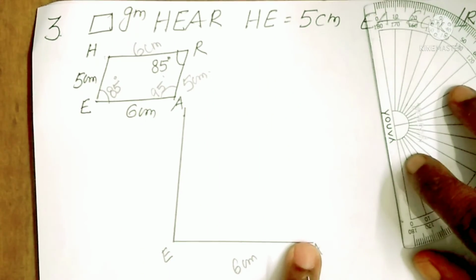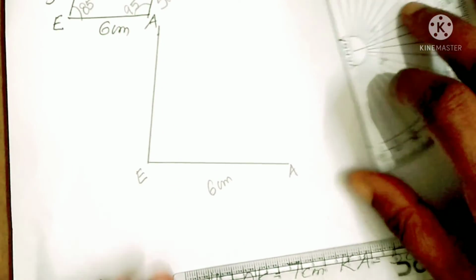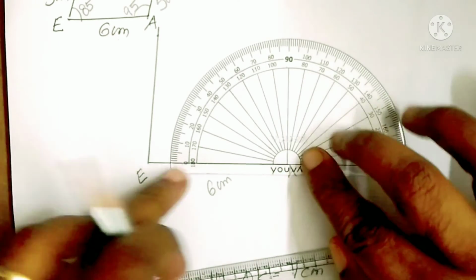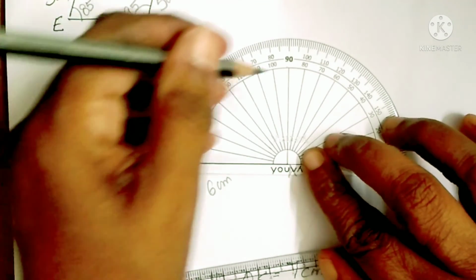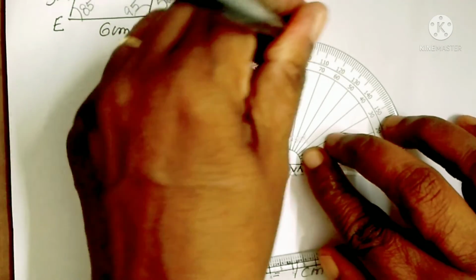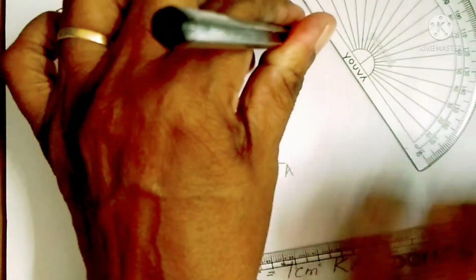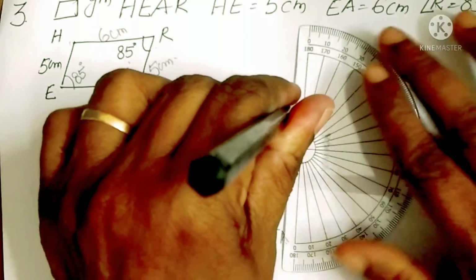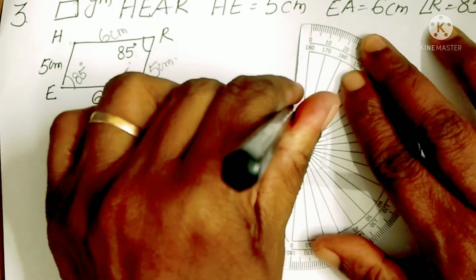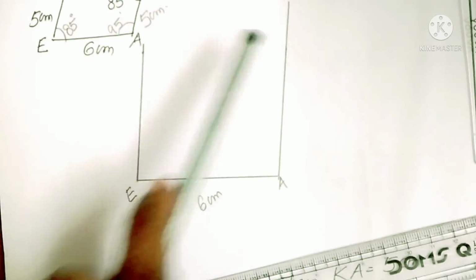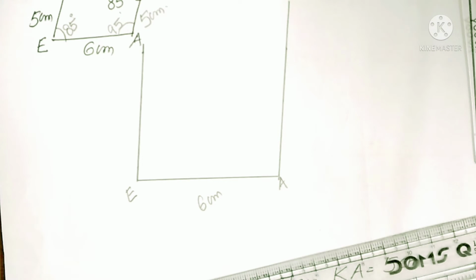Now, this angle A is 95. So, keep the base line on this, and from here count 95. So, this is 90 and this is 95. Keep the pencil pointer there and join it. So, we know that on these two lines we will get the points H and R. Now, what is the length of AR?